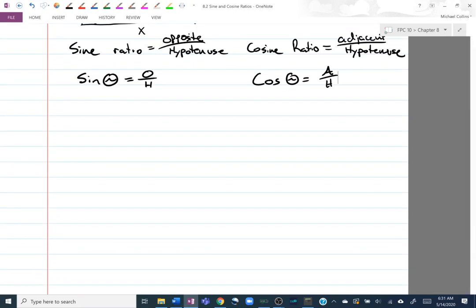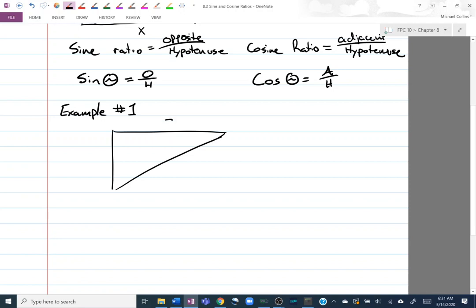So if we had a bit of a numeric example, we'll scribble another triangle here. Actually, just give me the variables. For now, let's call this A, B, and C, and the sine ratio. Let's look from this angle.